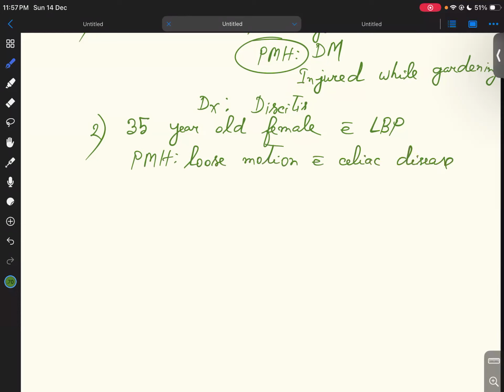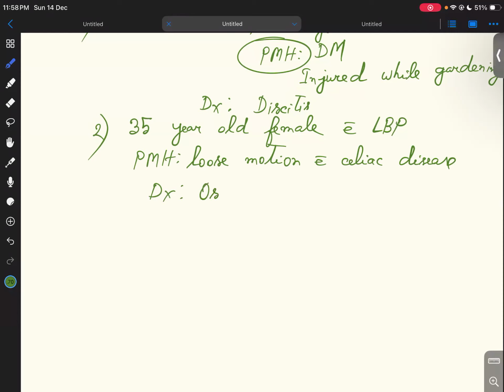So, what will be the diagnosis here? Osteomalacia. Osteomalacia or osteoporosis? Yeah, osteomalacia, sir. It will be the diagnosis.